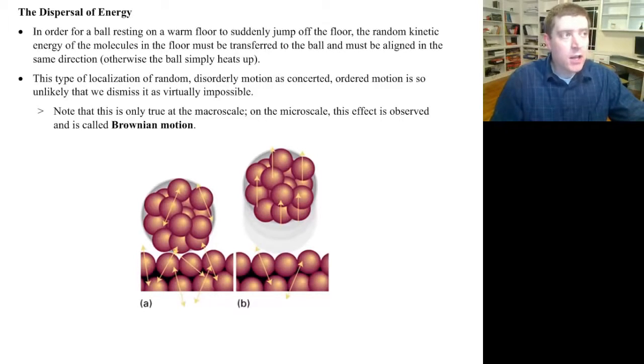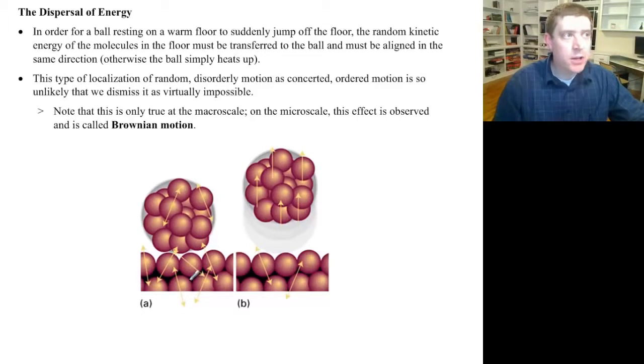Okay, so on the other hand, if we have a ball that's resting on our warm floor, in order for that ball to suddenly jump off the floor, the random kinetic energy, so each of these molecules or atoms in the surface of our floor, as they vibrate back and forth, they're hitting that ball.